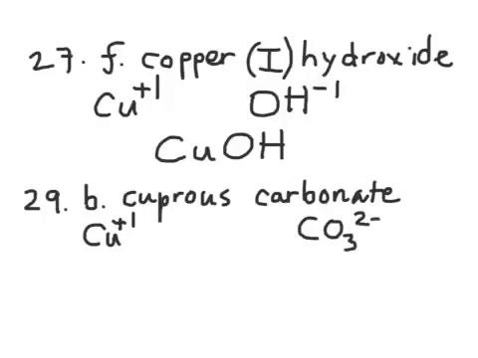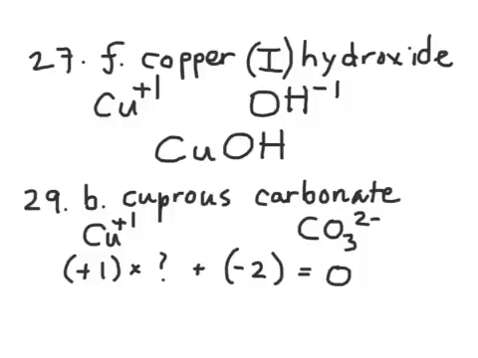Okay, so this gets to be just a little bit tougher. We need our charges to add up to 0. So plus 1 times what number plus the negative 2 from our carbonate equals 0.